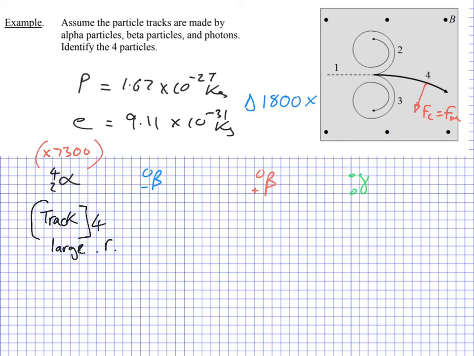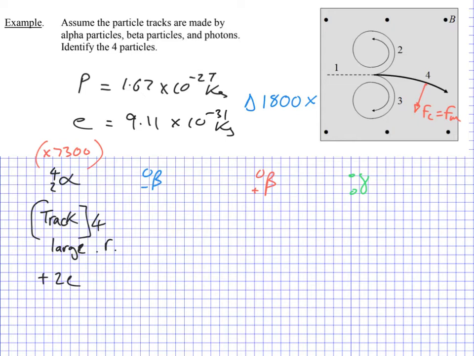Okay, let's also do our hand rules, because of course the alpha particle will have a plus 2e charge, and so we can get our right hand rule out here, because it's a positive charge. Our thumb is going to go to the right side of the page. Our fingers are going to point upwards, and therefore the palm of the hand is pushing downwards, which does match the direction of curvature.